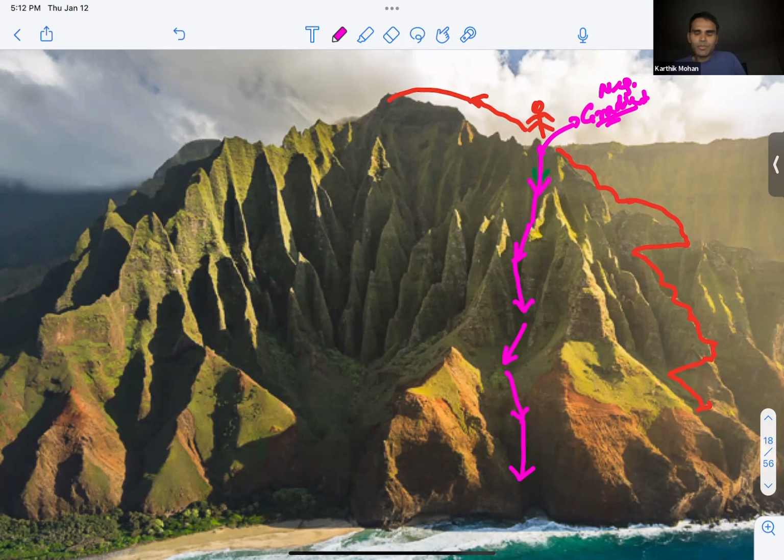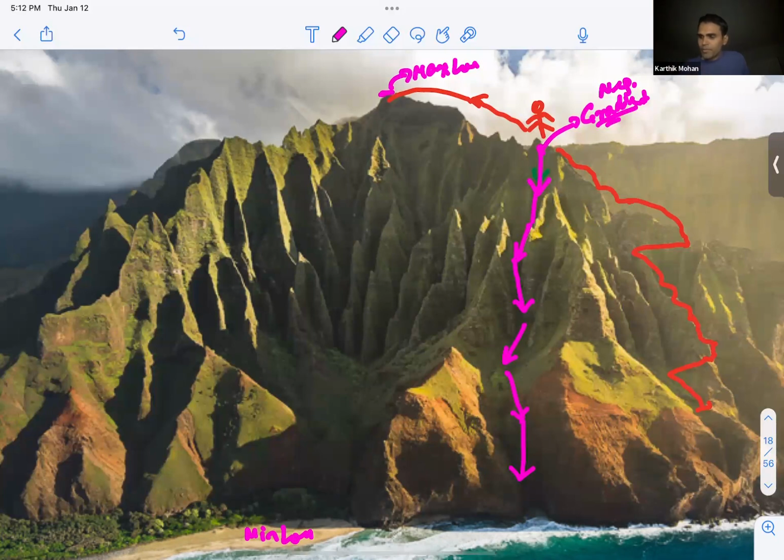It will get you there, and think of this whole mountain as a loss function. The loss here is the maximum loss, and this is like the minimum loss. So you're going from maximum loss to minimum loss. You start at some point.